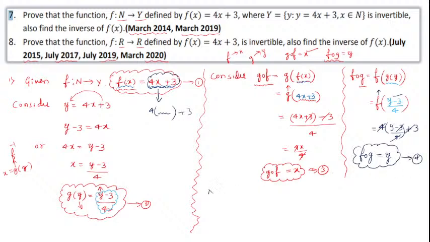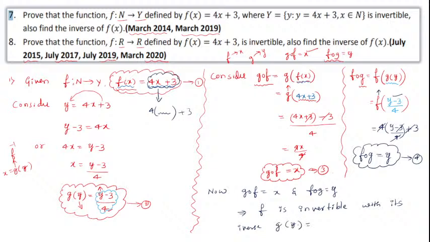So now we have proved that gof is equal to x and fog is equal to y. This implies my function f is invertible, with its inverse existing.